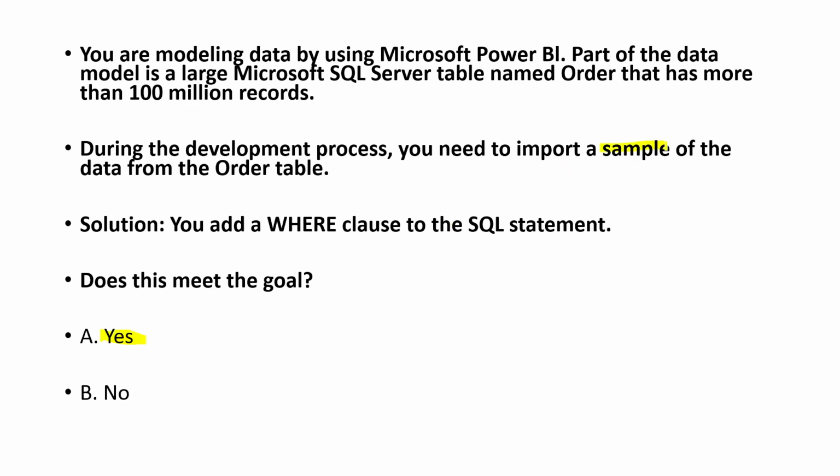Because due to this word, they said that your data source is SQL Server. You need to import 100 million rows. During the development process, you need to import just a sample of the data from the order table. So definitely you have to use the filter functions there, where, because you don't want the whole 100 million rows. You just want a sample. So you have to pass this filter only.